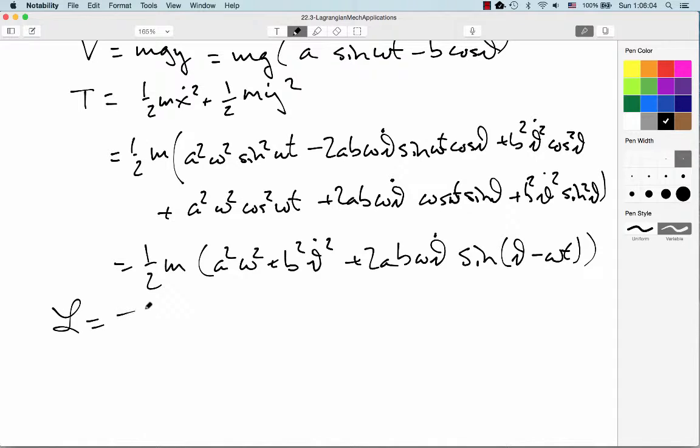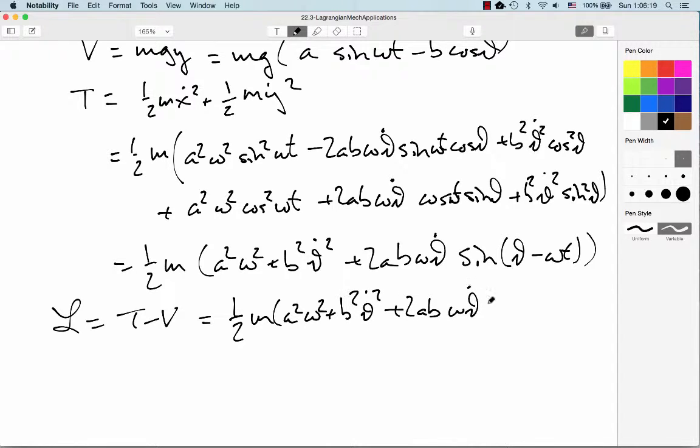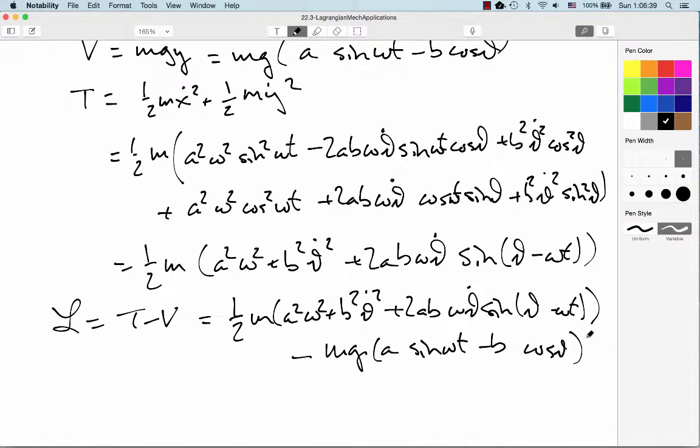So the Lagrangian is T minus V. So that'll be, sorry, 1/2 m times a squared omega squared plus b squared theta dot squared plus 2ab omega theta dot sine of theta minus omega t, minus mg times a sine omega t minus b cos theta.